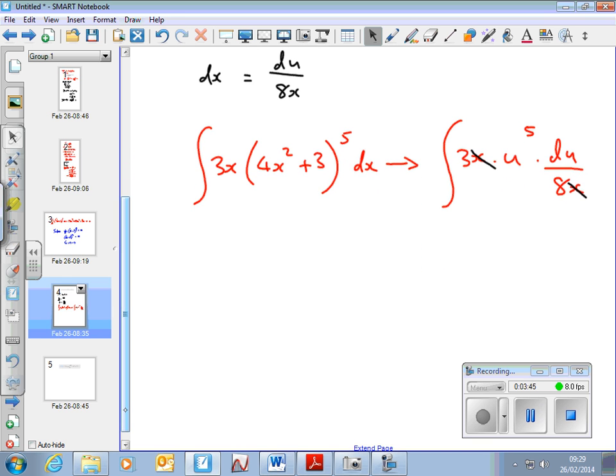So now I can bring the 3 over 8 outside the integral. So I would do that, 3/8 times the integral of u to the 5 with respect to u. So now that's just the standard integral. Add 1 to the power, divide by the new power.